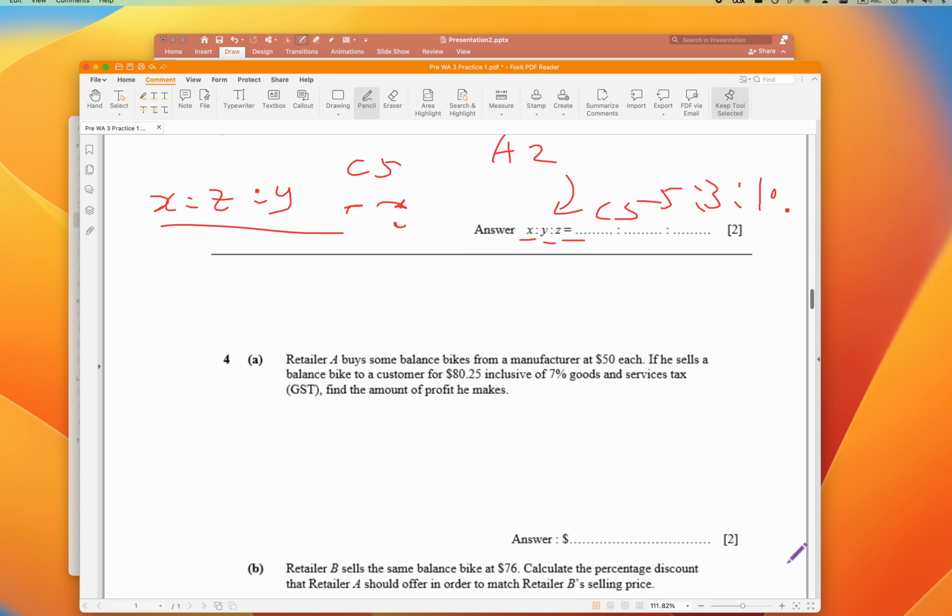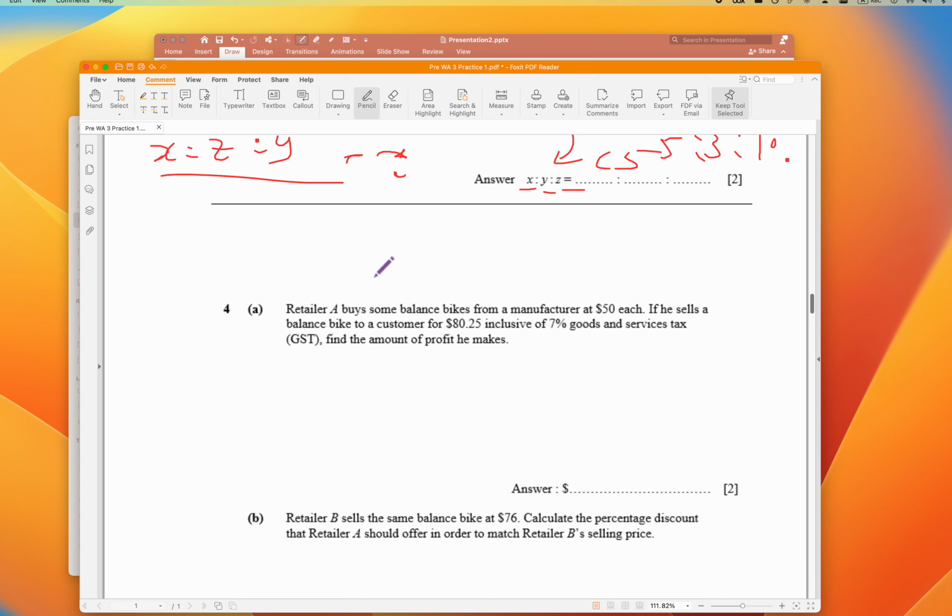So, okay, GST. This one will buy a balance bike from the manufacturer for 50 each. If he sells a balance bike to a customer for this, inclusive of 7% GST, find the amount of profit he makes. So basically, do you know that this 80.25, they say inclusive of 7%. So basically, this is how many percent?